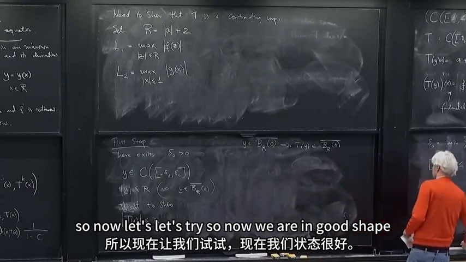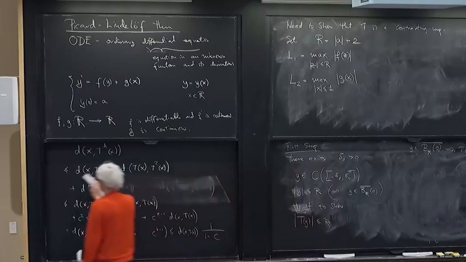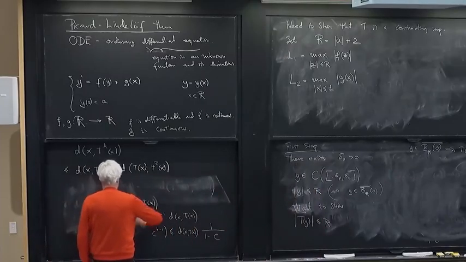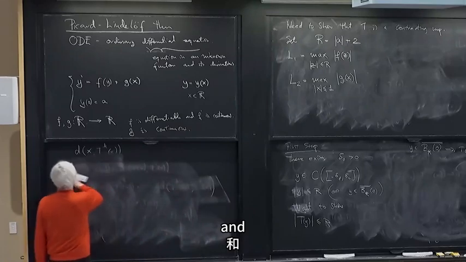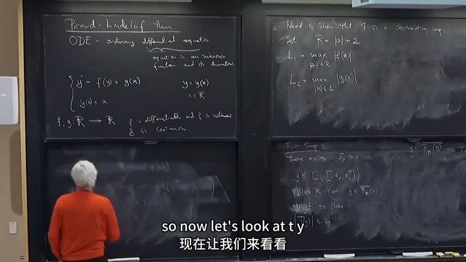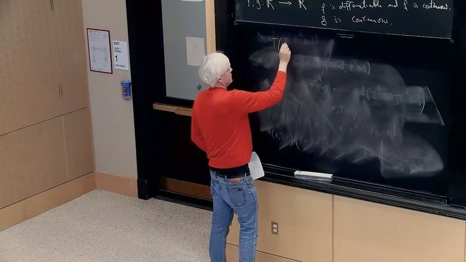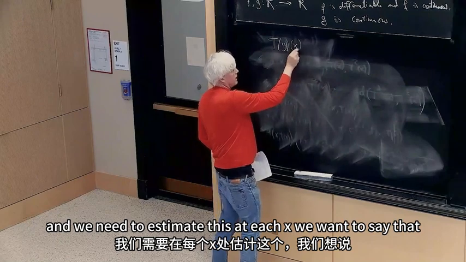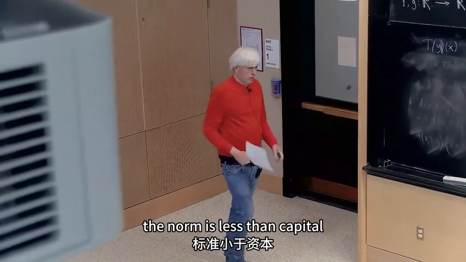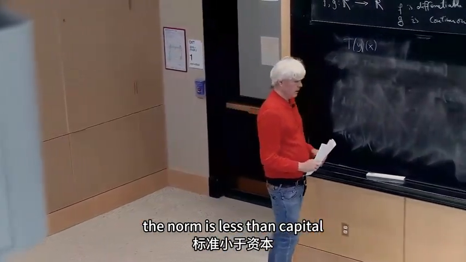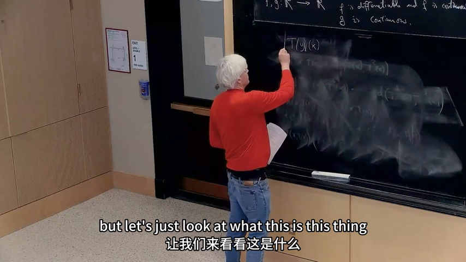So now we are in good shape here. Let's look at T of y, and we need to estimate this at each x, right? And we want to say that the norm is less or equal to capital R. But let's just look at what this is.